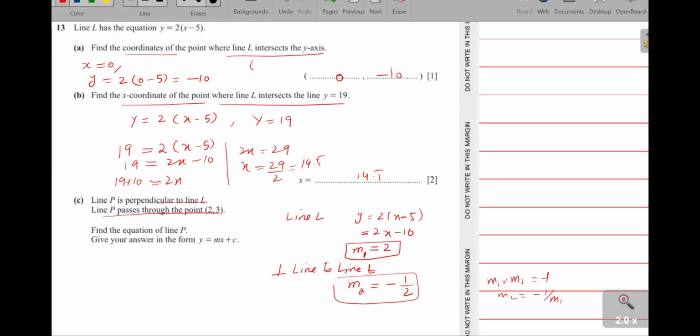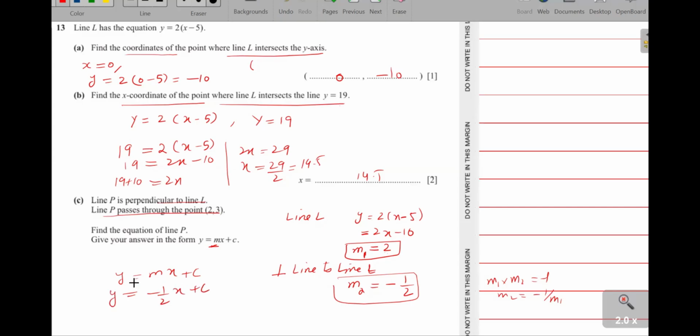We have to calculate the equation of the line, y equal to mx plus c. Here m is equal to the perpendicular line gradient, which is minus 1 over 2. Therefore, we write minus 1 over 2 x plus c.